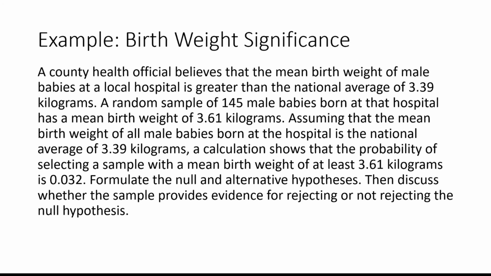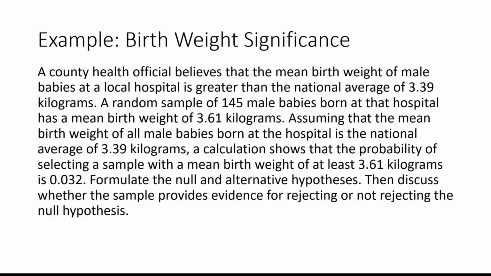Example, birth weight significance. A county health official believes that the mean birth weight of male babies at a local hospital is greater than the national average of 3.39 kilograms. A random sample of 145 male babies born at that hospital has a mean birth weight of 3.61 kilograms.